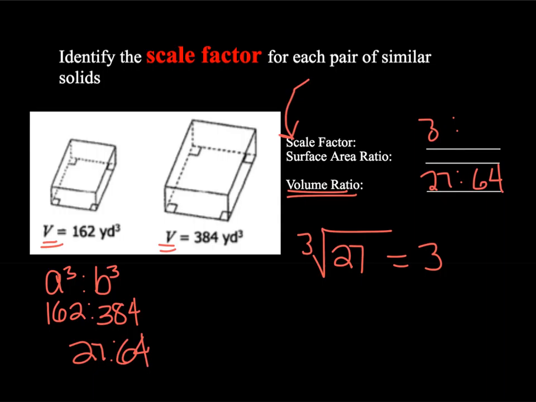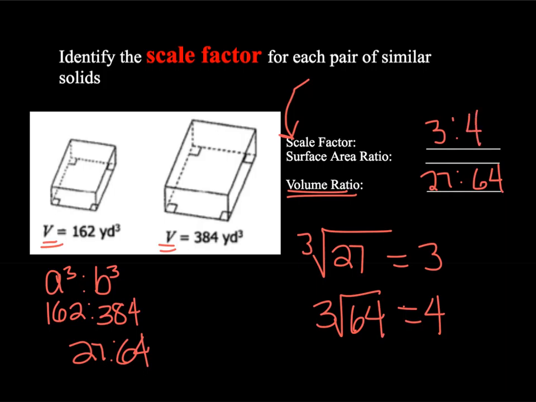You would do the same thing with 64, and when you do the cube root of 64, you'll get 4. Why? Because 4 times 4 times 4 is equal to 64. So what is my ratio? My ratio is, let me go ahead and erase that and make it neater. So my ratio is 3 to 4.